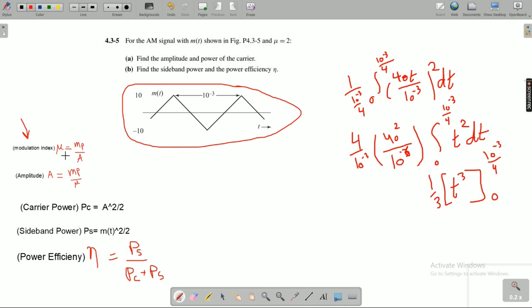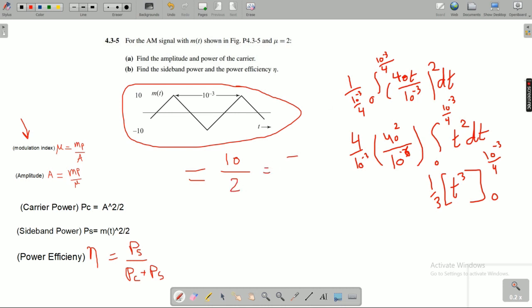For the amplitude, we use the following formula. There's a formula for the modulation index: mu equals mp over A. A is the amplitude. mp is the peak of the signal. Our signal is called m, and the peak is p. So to calculate the amplitude, A equals mp divided by mu, which equals the peak here, 10, divided by the modulation index, 2.